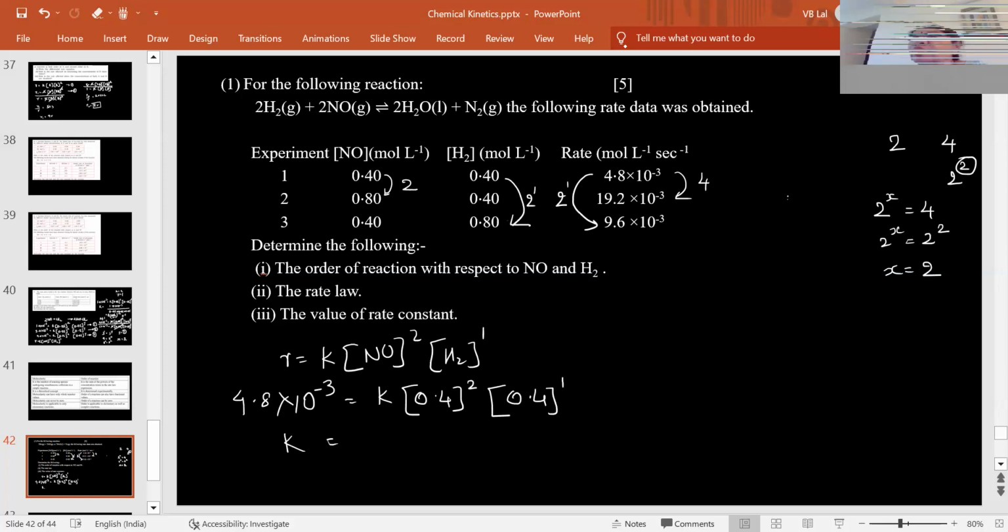K will be equal to 4.8 into 10 raised to minus 3 divided by 0.4 into 0.4 into 0.4. So what will be the answer?